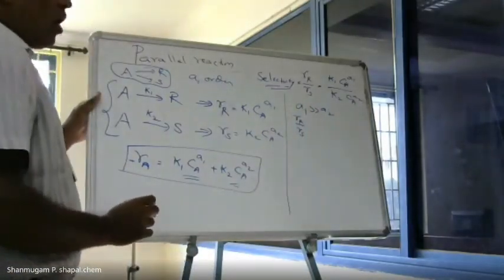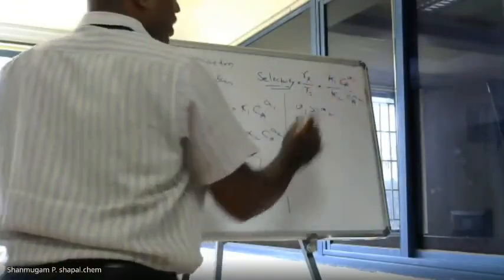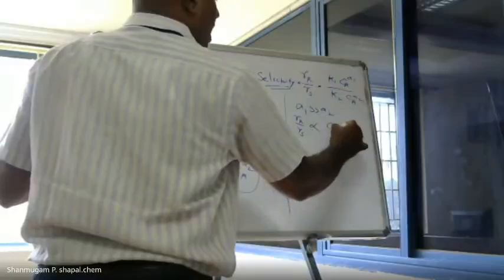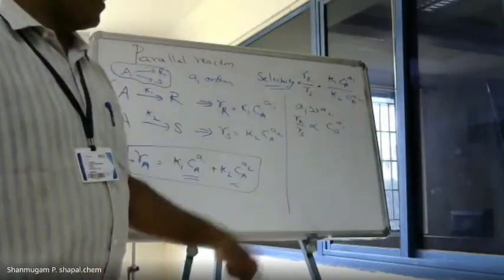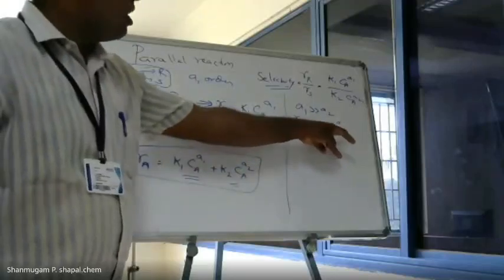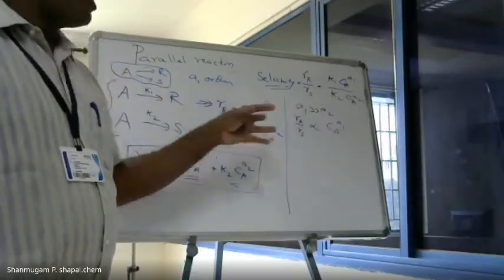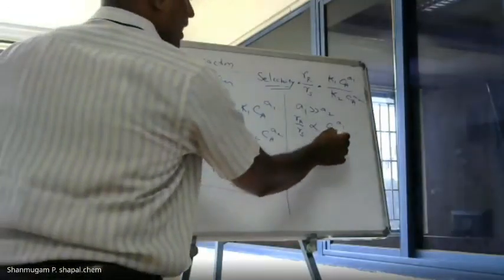RR by RS will be more dependent on, you forget about K1, K2 here, Ca power A1 because A2 is very small. So this is more dependent on the concentration of the first reactant. So it is more dependent on the Ca here.